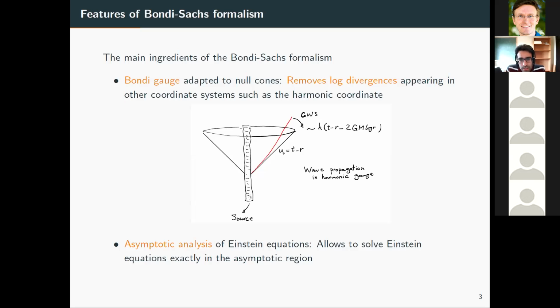So in harmonic coordinates, what happens is that linearized solutions propagate along coordinate cones t minus r equals constant.